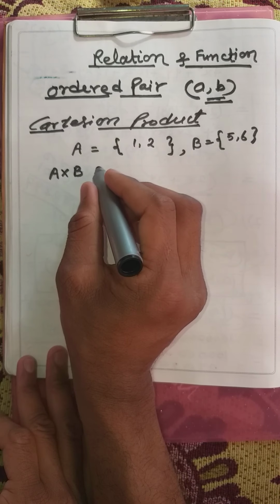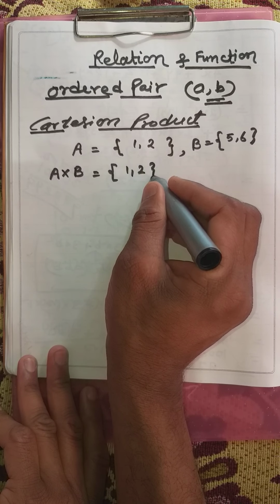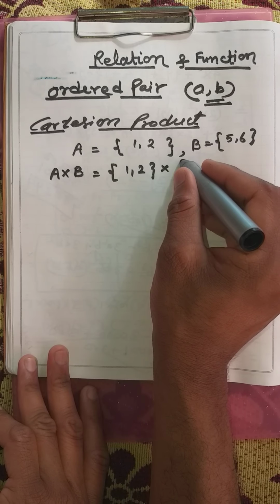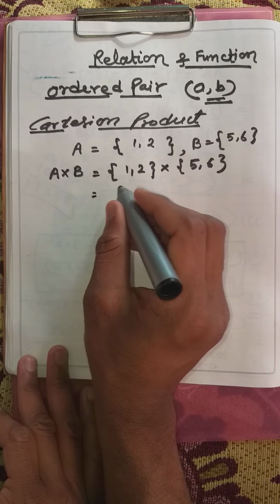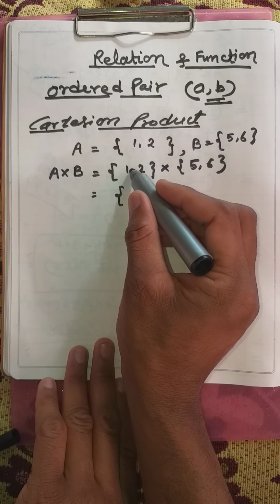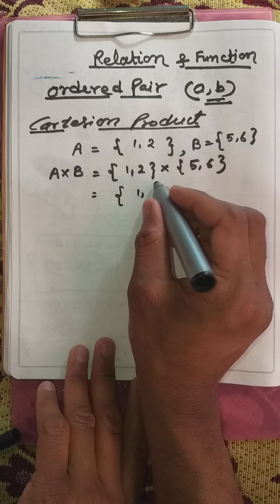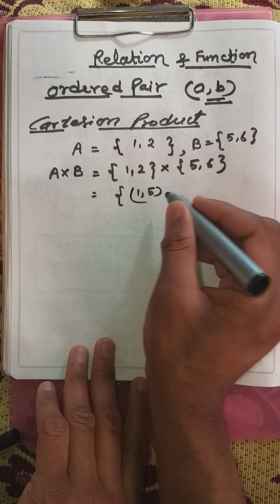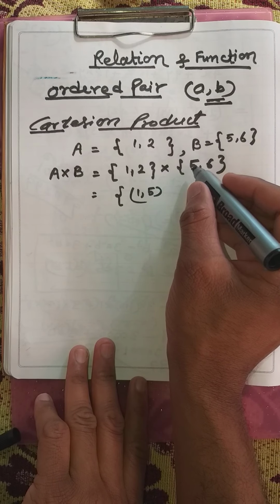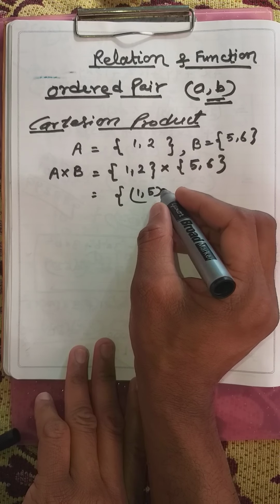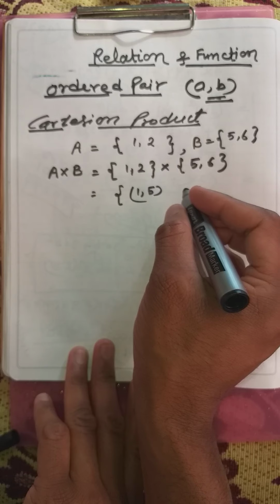A Cartesian B: {1, 2} Cartesian product with {5, 6} equals 1 into 5, (1, 5). This is an ordered pair. Ordered pair means 1 always comes from the first set and 5 from the second set. So (1, 5) is called an ordered pair because we are following the order here.